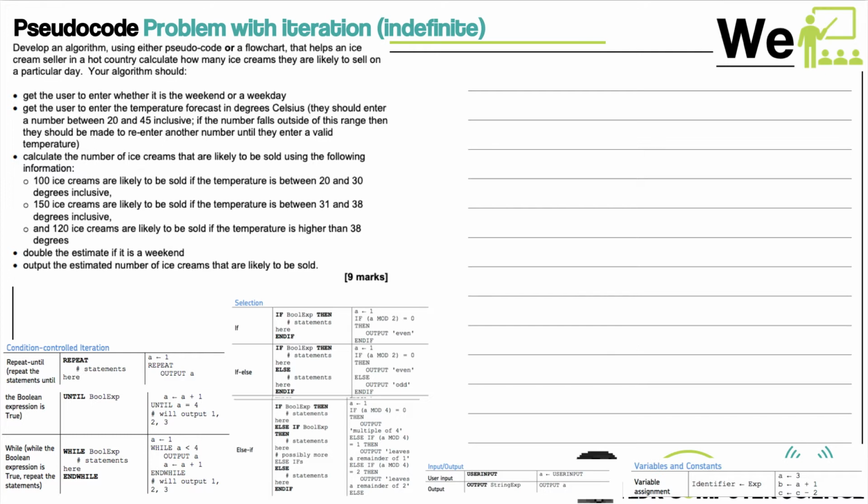So let's try that. So I'm going to ask, is it a weekend? And I'm going to assume they're going to respond yes or no to that. Probably should validate, but it doesn't require it. And so then we'll store that inside a variable called week, and we'll put the assignment there.